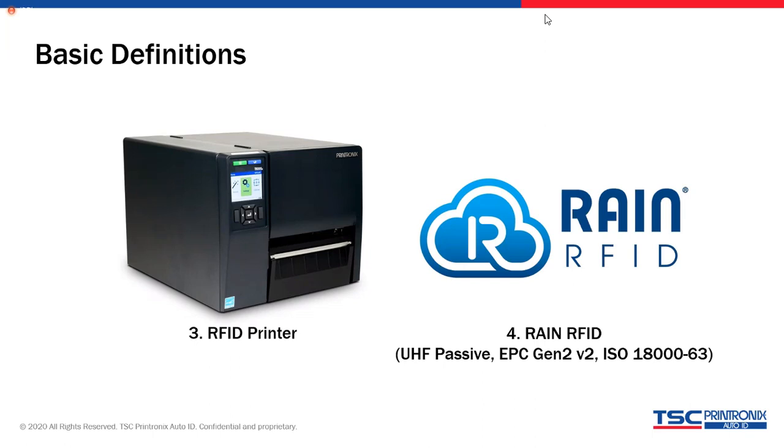You may hear these other terms out there, such as UHF passive, or EPC Gen 2, or ISO 18000-63. These are all essentially RAIN RFID, and we and RAIN RFID and the RAIN Alliance are trying to promote the use of the simple term RAIN RFID over all these other confusing possibilities.